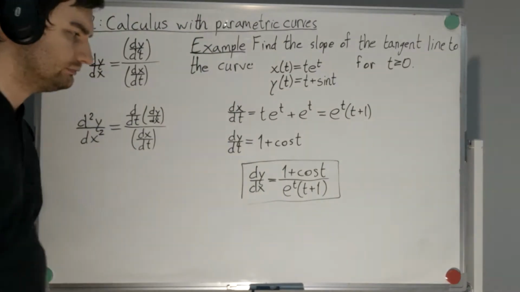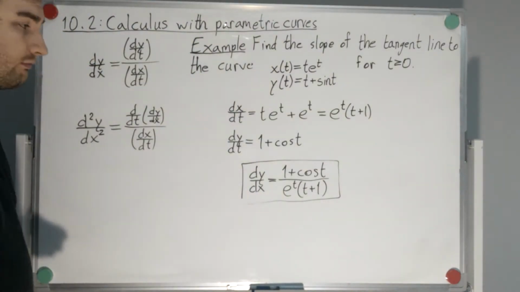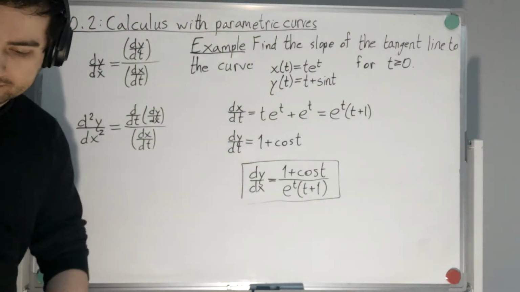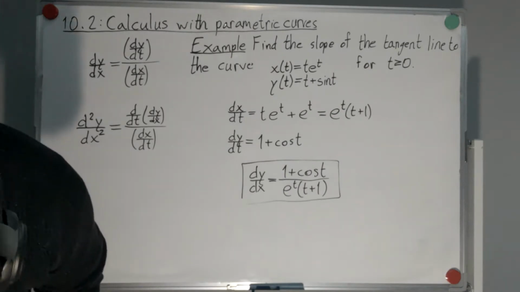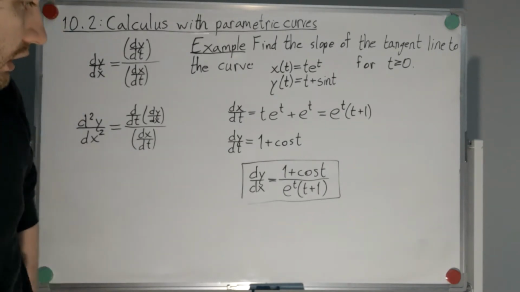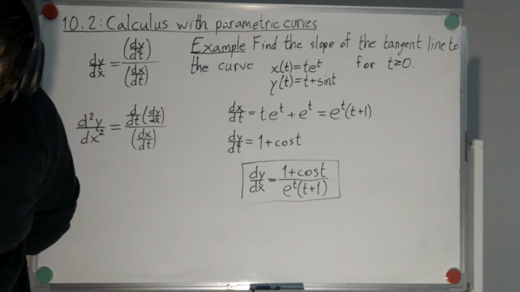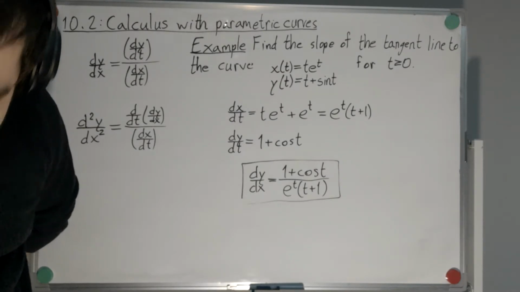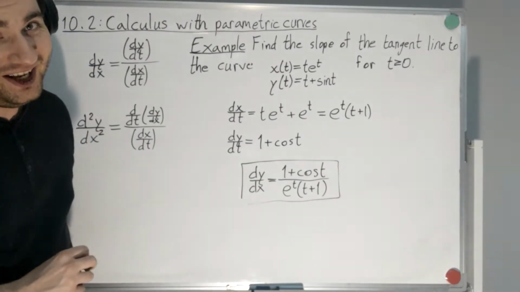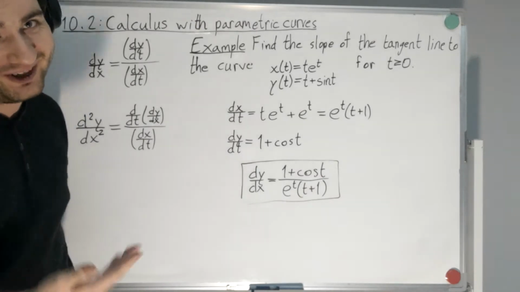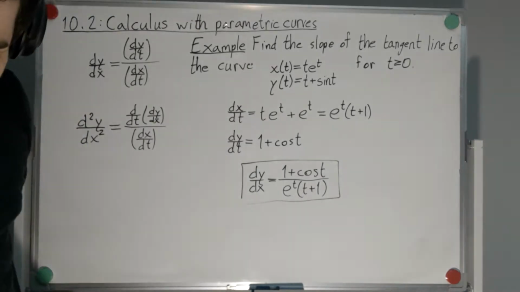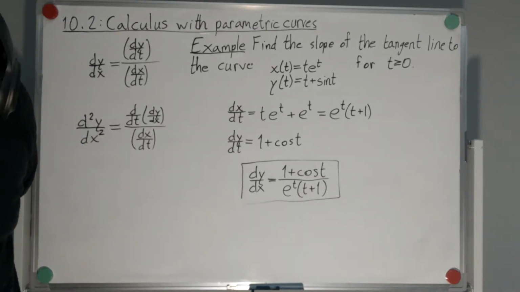That's better. Okay? So that's all that's going on there. It's just a formula. And this time, it actually is as easy as it sounds to just plug it into a formula.